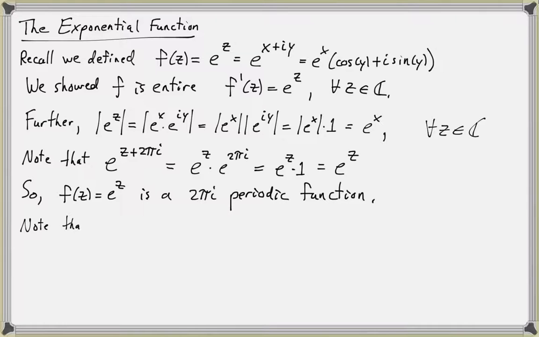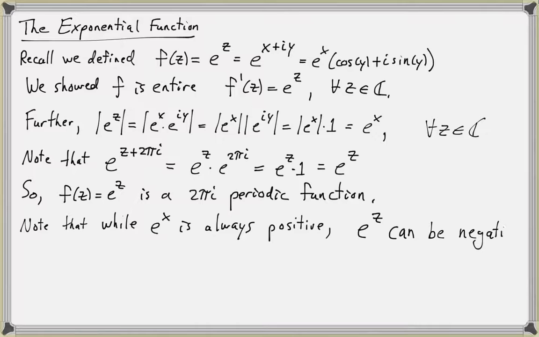So another note: while e to the x is always positive, e to the z can actually equal a negative real number, since we can write negative 1 as e to the pi i.